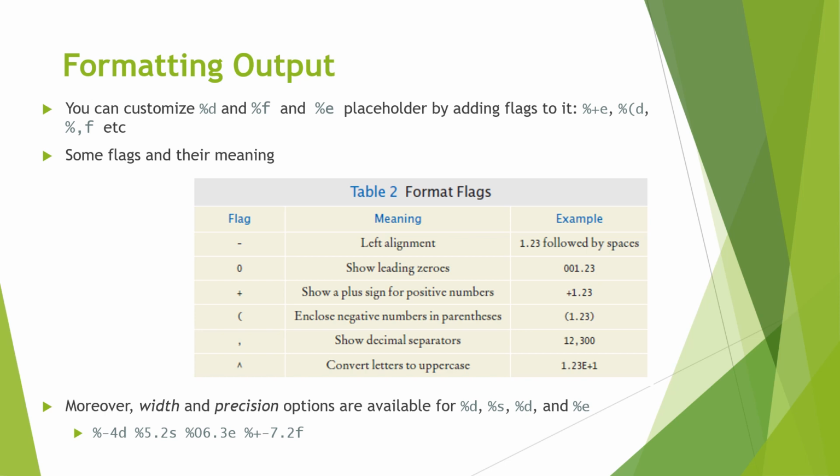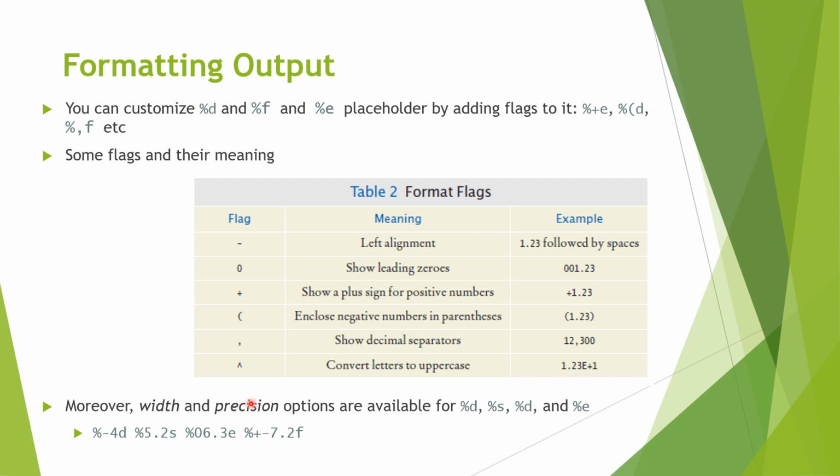You can customize the placeholders like %D, %F, %E using multiple flags like minus, 0, plus, open parentheses, comma, and this caret sign. Also, you can customize them by adding a width and precision option.